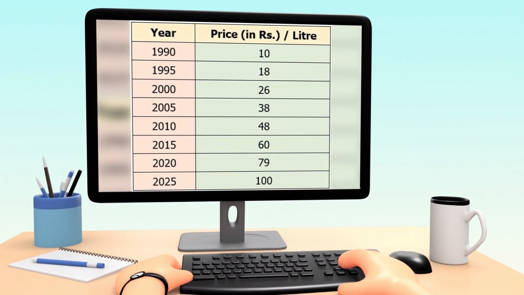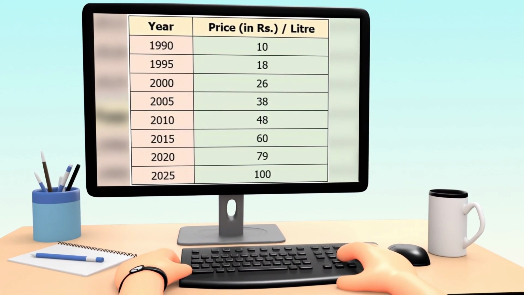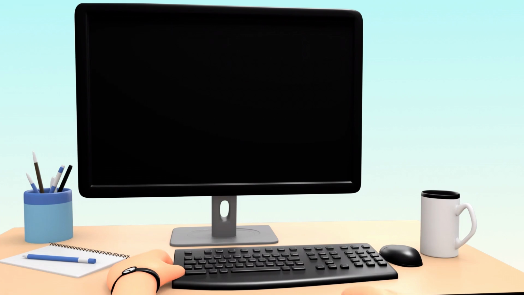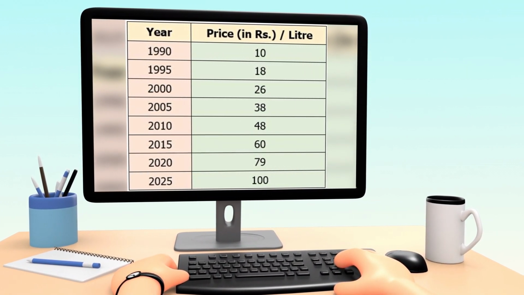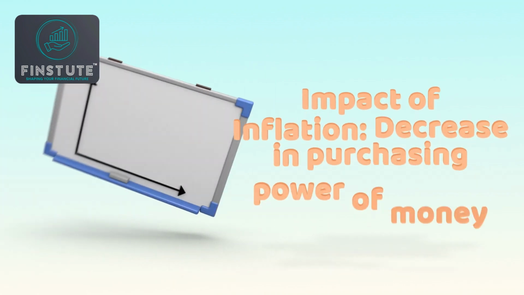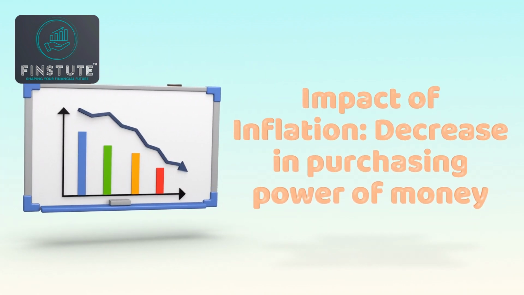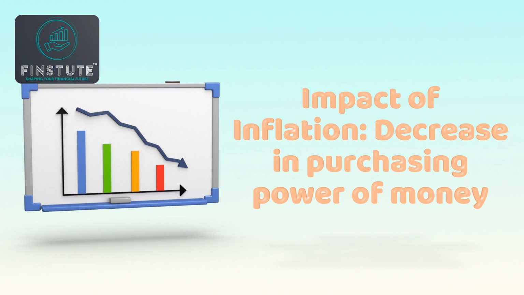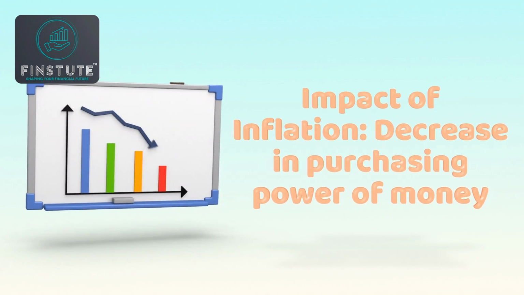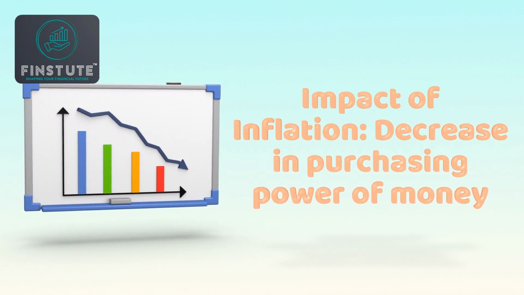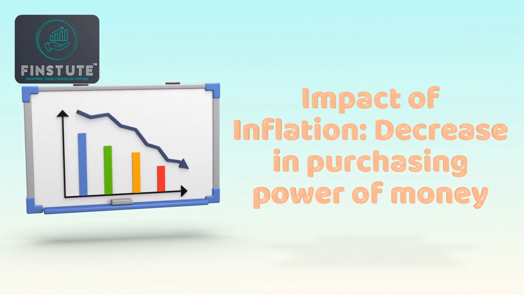But with the same amount, you could buy only 2 liters in 2010 and only 1 liter in 2025. So, inflation, that is, the increase in prices, causes the purchasing power of money to go down. In short, the value of money keeps moving down as years go by.